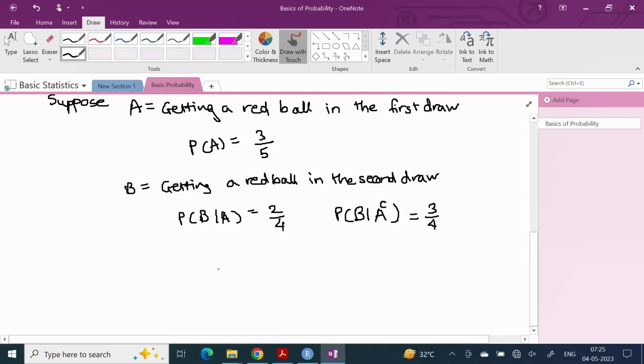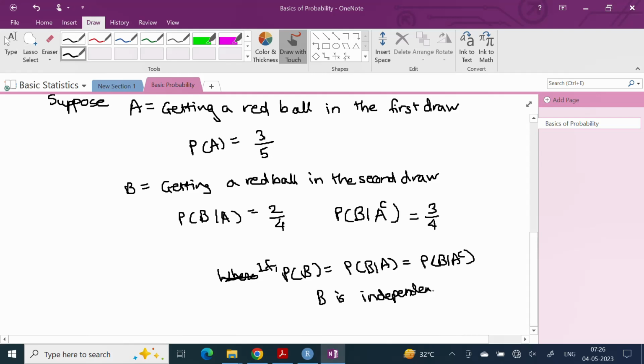If we have a situation where the probability of B is the same as the probability of B given A and the probability of B given A complement, then we say that B is independent of A. That is, the probability of B does not depend on whether A has happened or not. But many times the chances of happening of B do change if A has happened or if A has not happened.